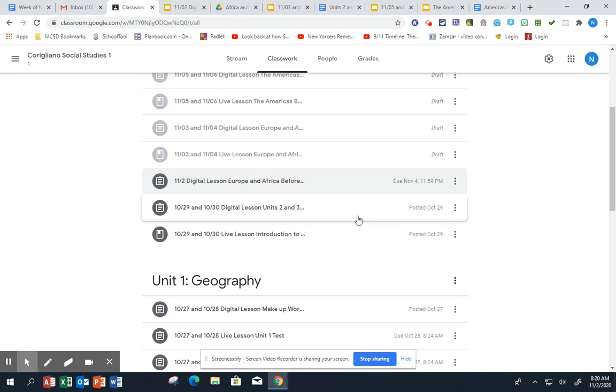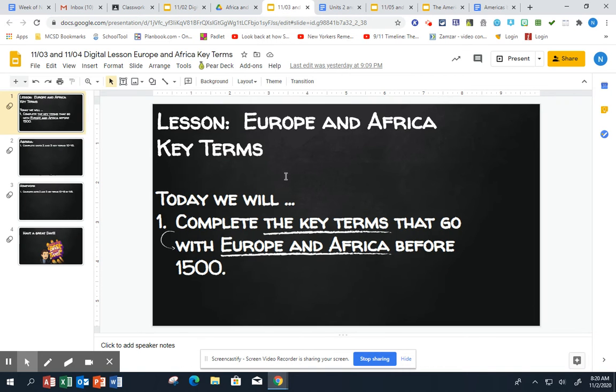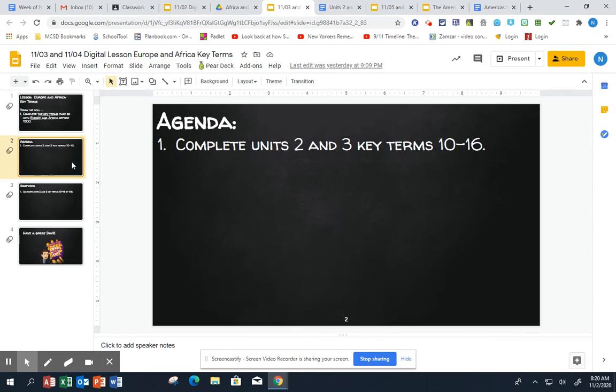We need to really understand where the 3 key players of creating the United States started. So that's what we're going to do in the live lesson. For the digital lesson on Tuesday, Wednesday, you're just going to make sure you complete the key terms that go with Europe and Africa before 1500.